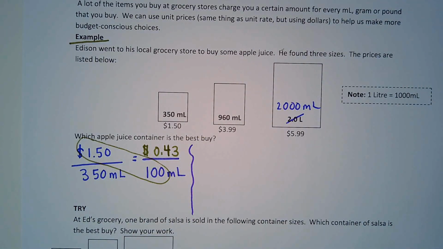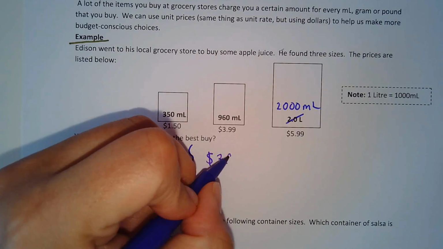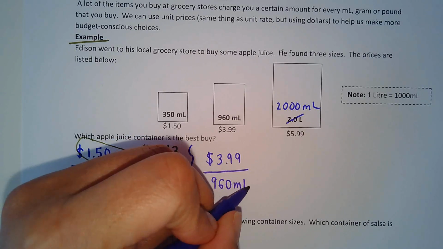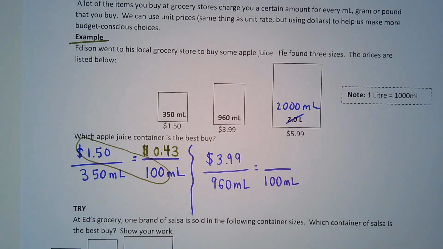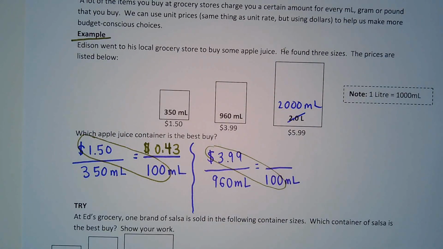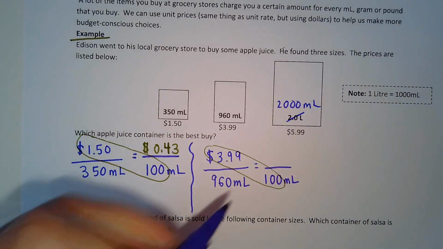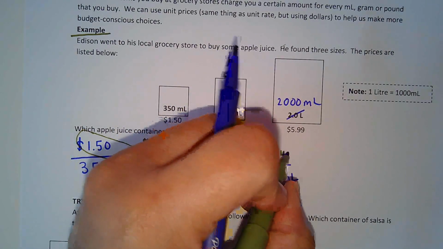So now let's do the same thing for the second container. The second container costs $3.99 for 960 milliliters. We want to know the price for 100 milliliters, and we're going to use cross multiplying. 100 times 3.99 divided by 960 gives us 42 cents.